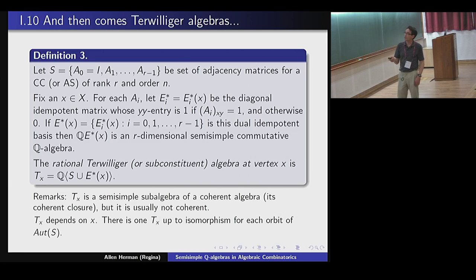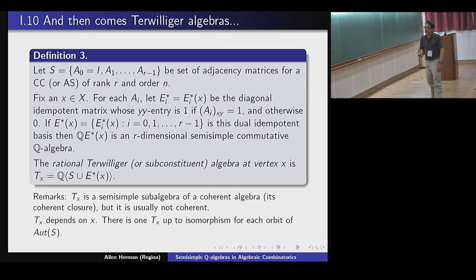You can even do this over Z. It's the same construction, okay? And you get an algebra. It'll be a subalgebra of the coherent algebra, because your generators all live in a coherent algebra, but it's usually not coherent itself. So it's more interesting.